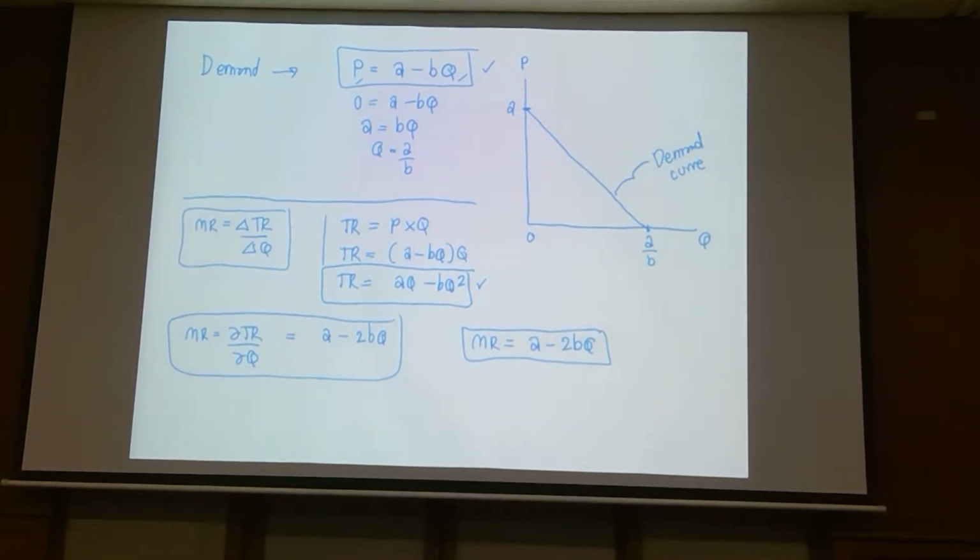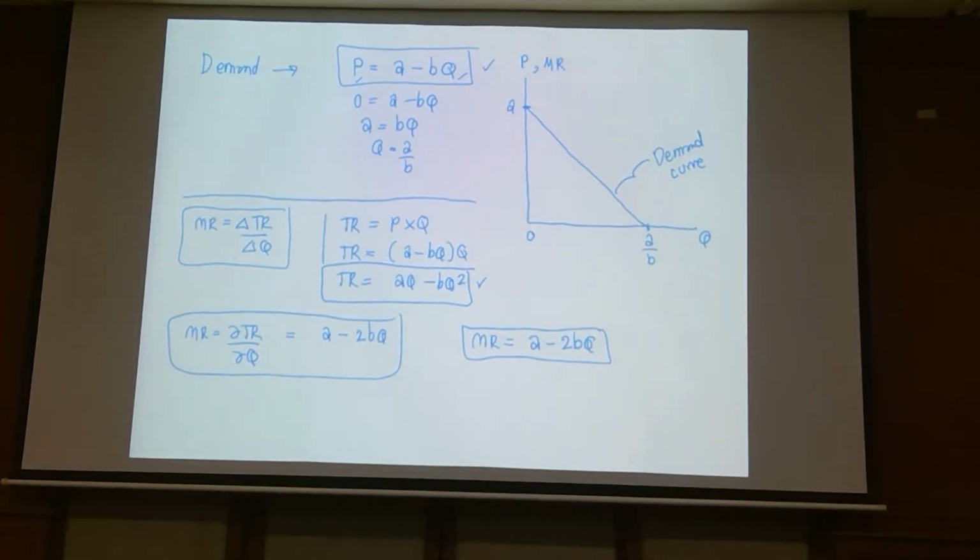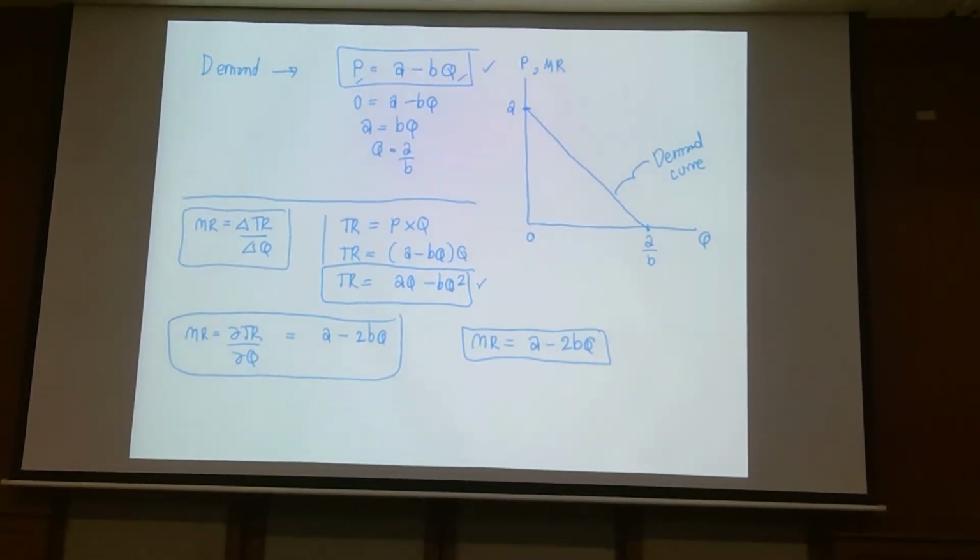So if we plot marginal revenue on the same plane, let the axis here also imply marginal revenue. When Q is 0, marginal revenue equals A. Then we want to know the intersection on the quantity axis over here, where marginal revenue is 0. So we get 0 equals A minus 2BQ.